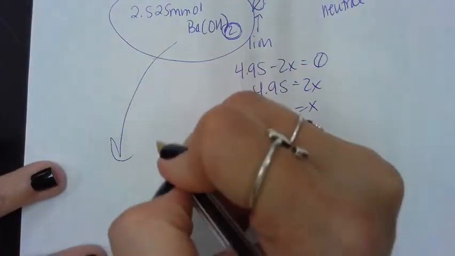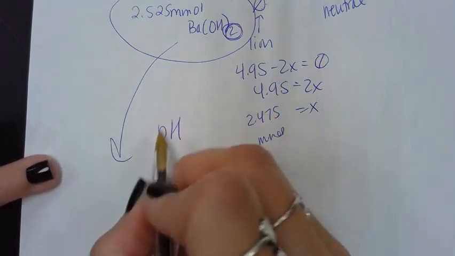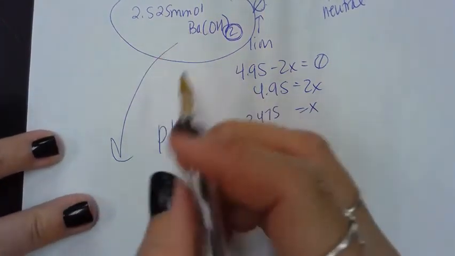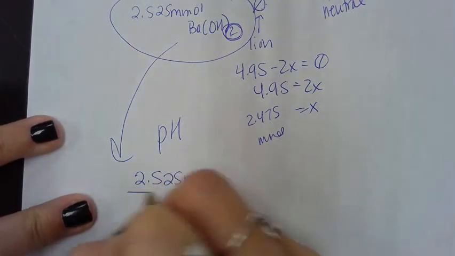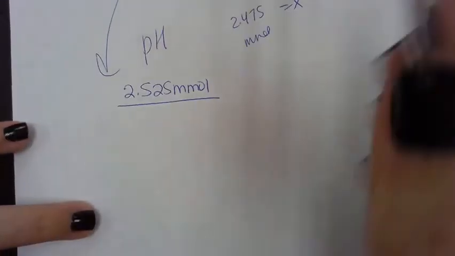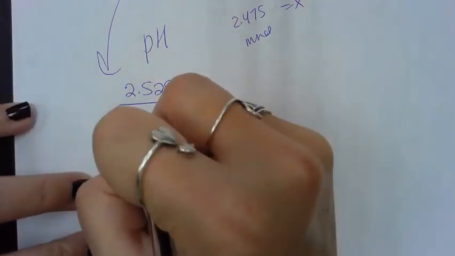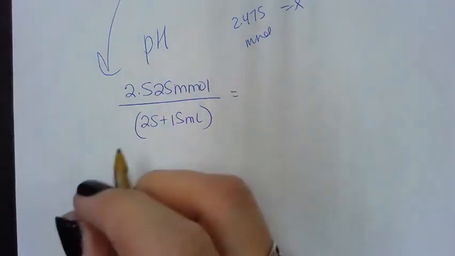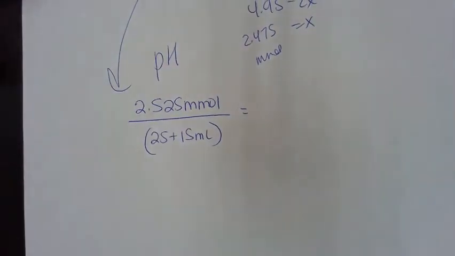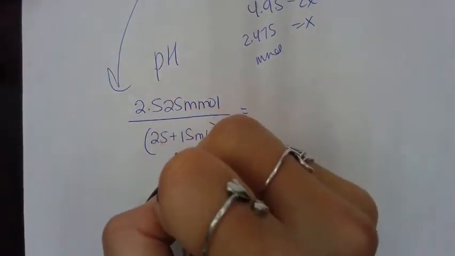So in order to calculate my pH, this is going to determine my pH. However, those are millimoles. What do I need? I need molarity, so 2.525 millimoles divided by 25 plus 15 milliliters total. Remember, you got to add it up because now they're swimming around in more of the solution.